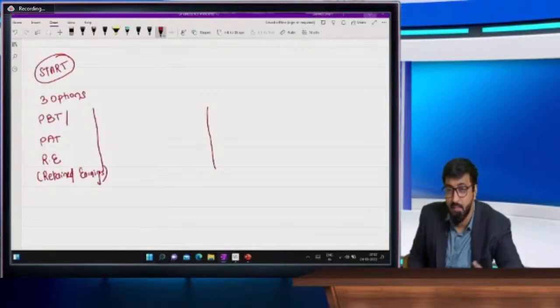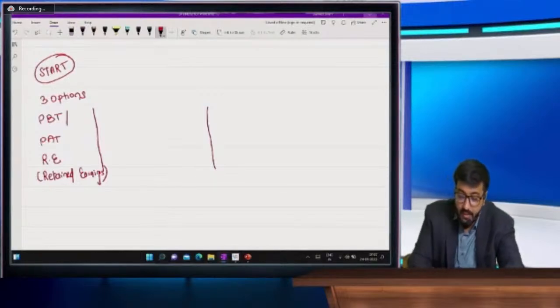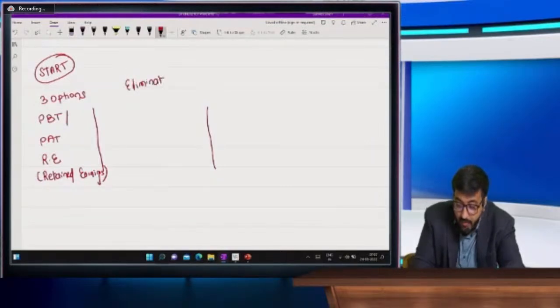Now, the implication of these three starting points we are going to see. Then after that, what are you going to eliminate? Eliminate non-operating items.